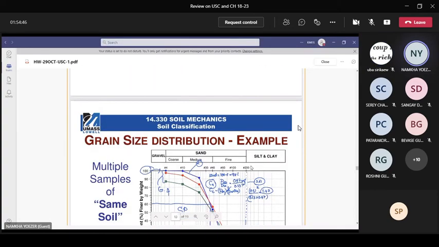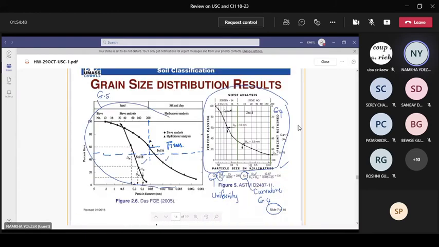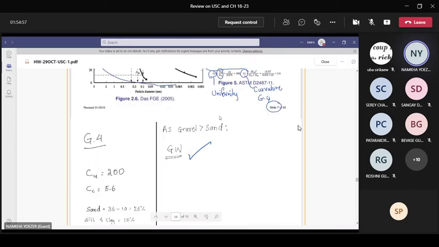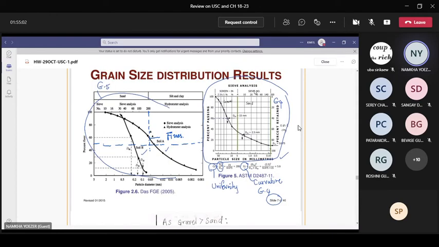Firstly, for our group, we found the percentages of sand, gravel, and silt and clay in the graph that you provided us, Ajahn.